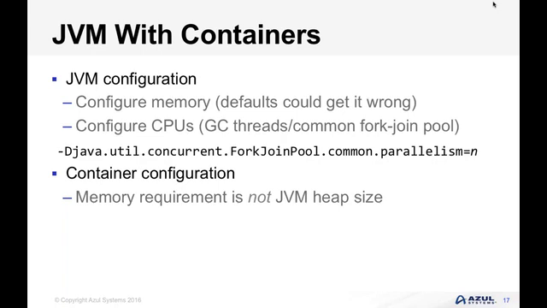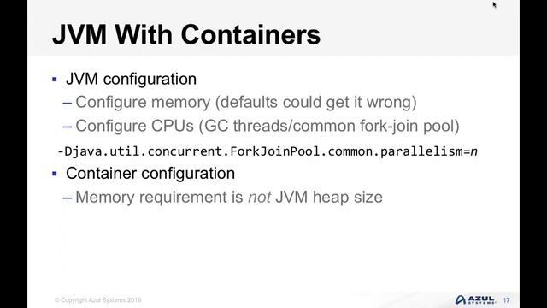Another thing to bear in mind is that when you set up the container configuration, the memory requirement of that container is not the same as the JVM heap size. So if you set the JVM heap size to be like 512 megabytes, you do not want to set the container to have memory allocated to it of 512 megabytes, because yes, that is how much heap space can be used, but the JVM will also require memory to do things.